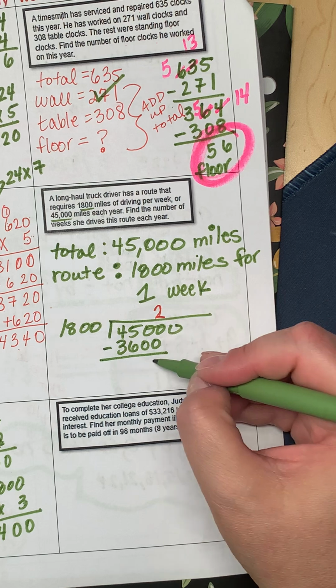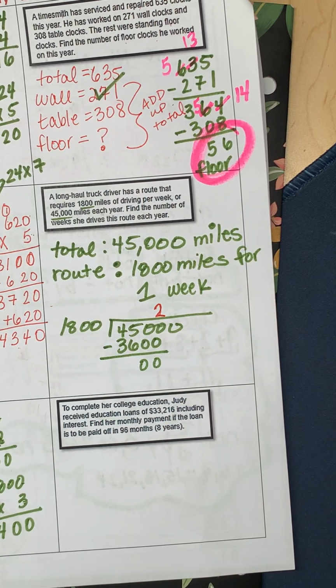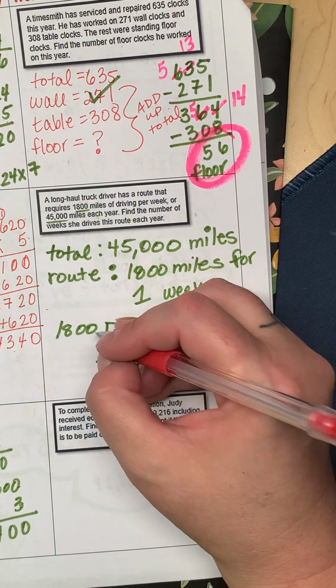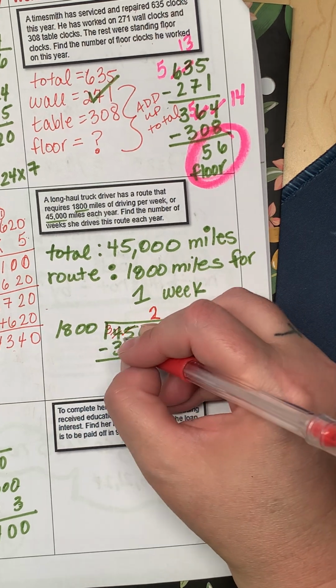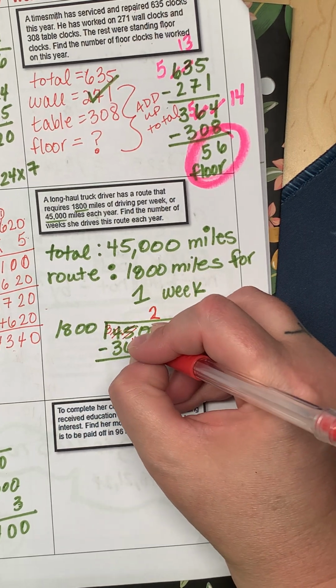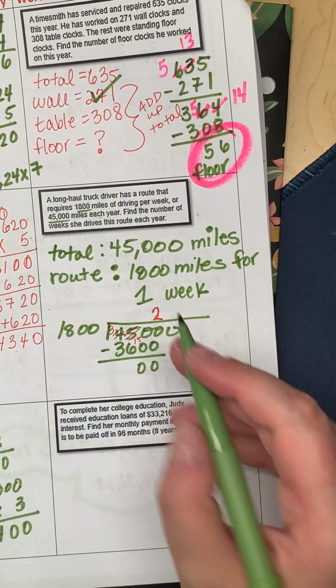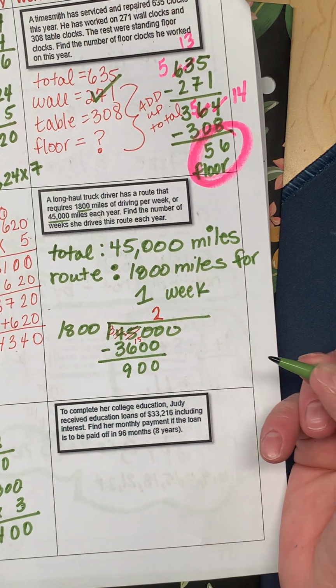And when we subtract, we get 0, 0. And then for that 45 minus 36, we can't say 5 minus 6. So we cross out the 4, put a 3. Then that 5, we cross it out and slap a 1 in front of it. So we now have 15 minus 6 is 9. And 3 minus 3 is 0.